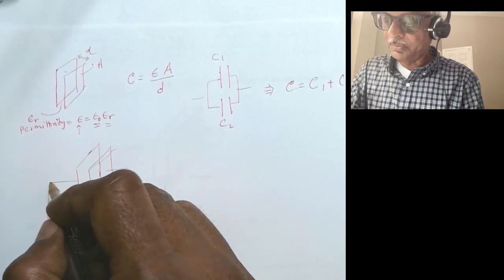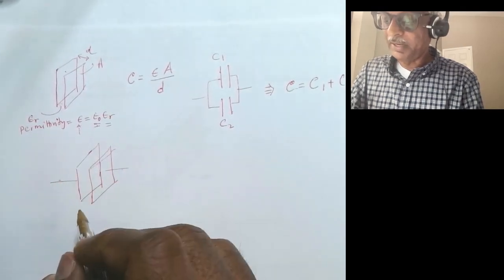And the third trick that we will need is this: these are the leads that go into the 2 plates.